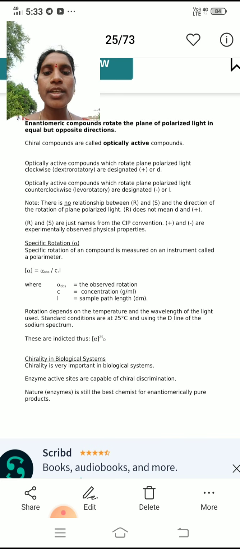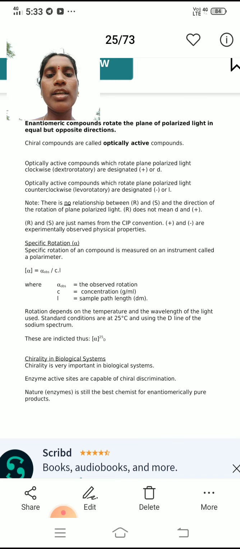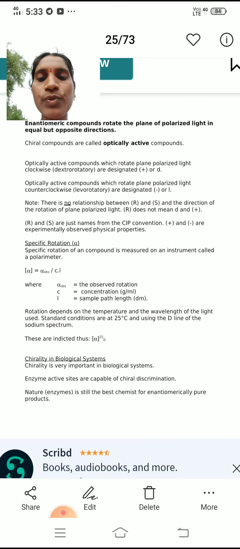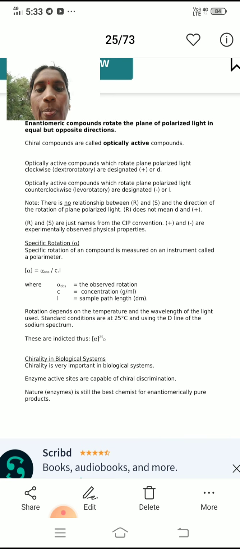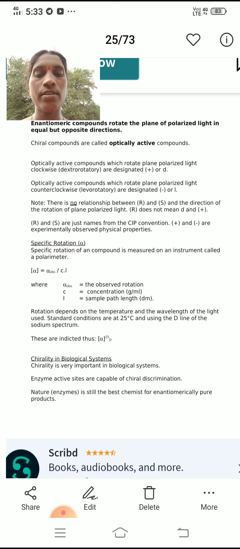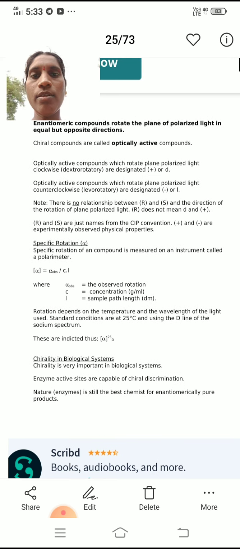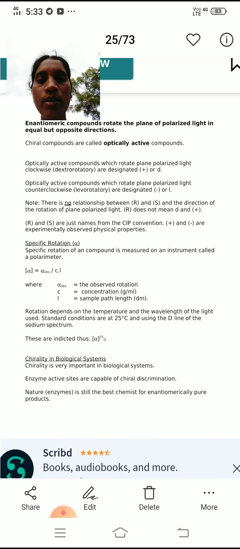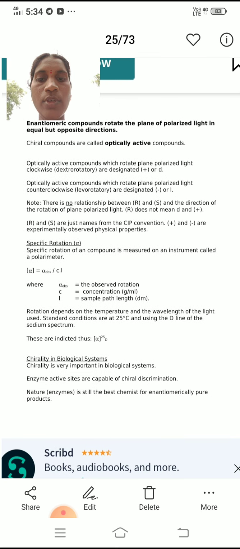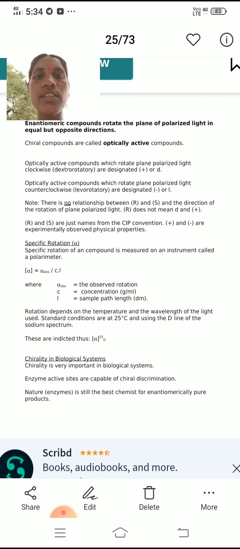The standard conditions are 25 degrees centigrade and the D line of the sodium spectrum.